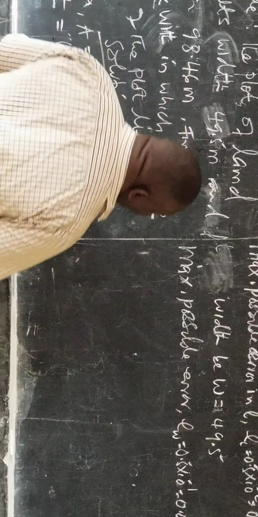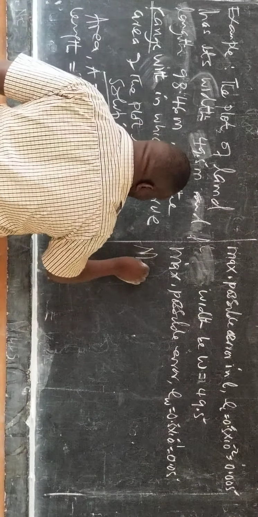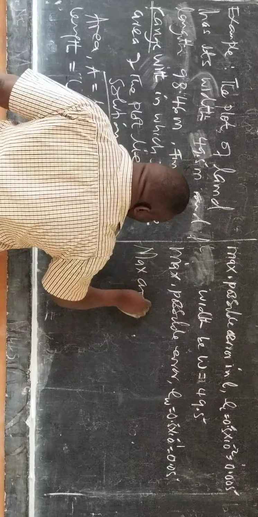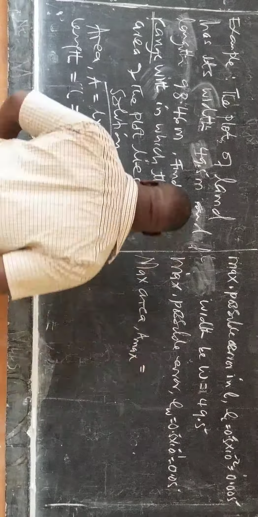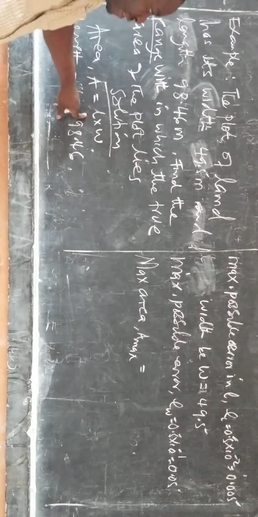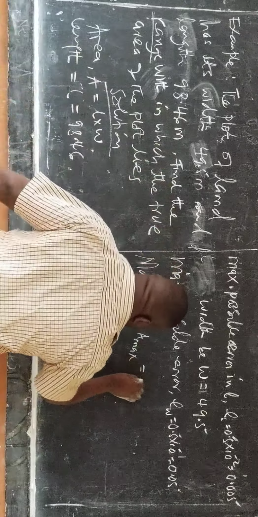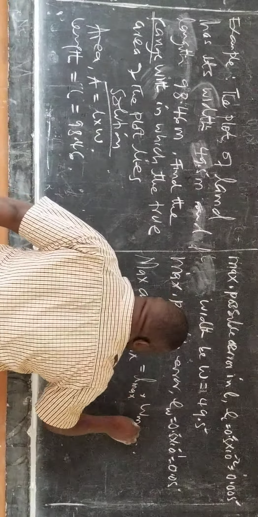So what we do, we get the maximum area, and we can call it A max. From the definition, since area is a product of the two quantities, we maximize both. We get L max times W max.